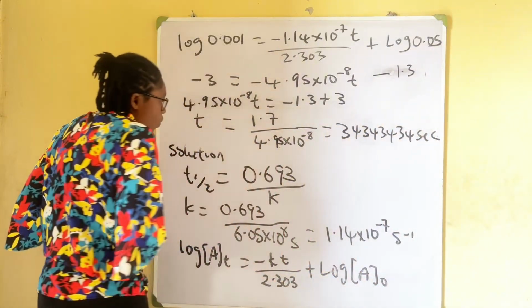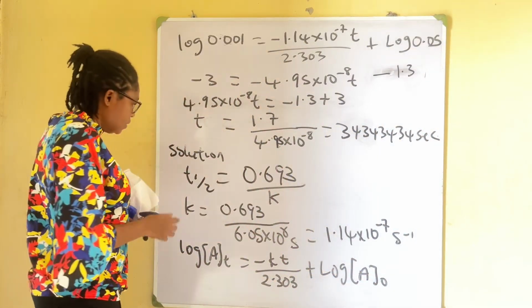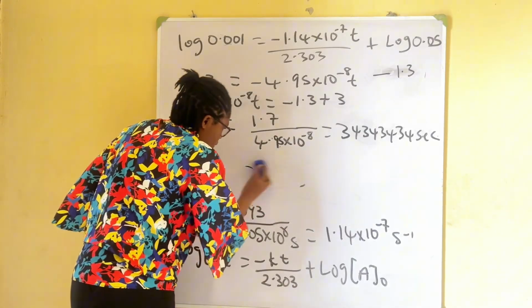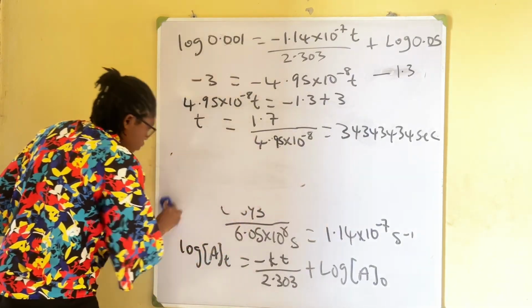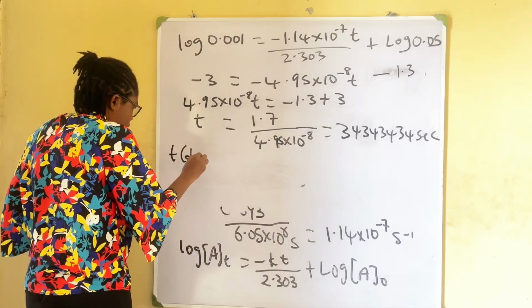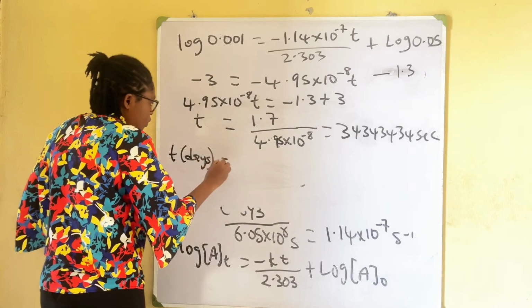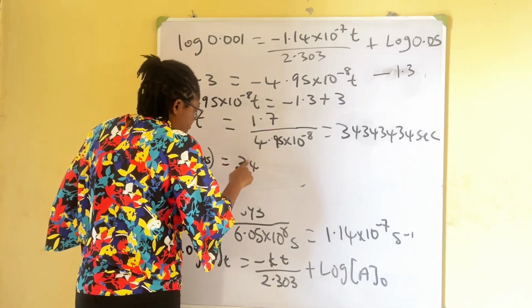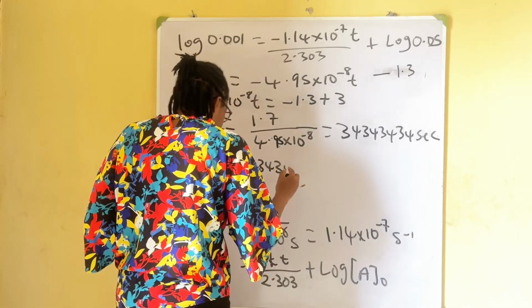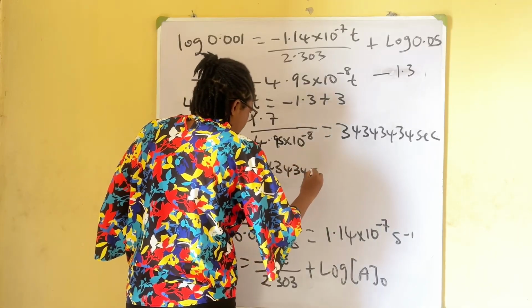So we're going to have the answer in days, so we're going to convert that seconds to days. So t in days is 3.34 times 10 to the power 7 seconds.